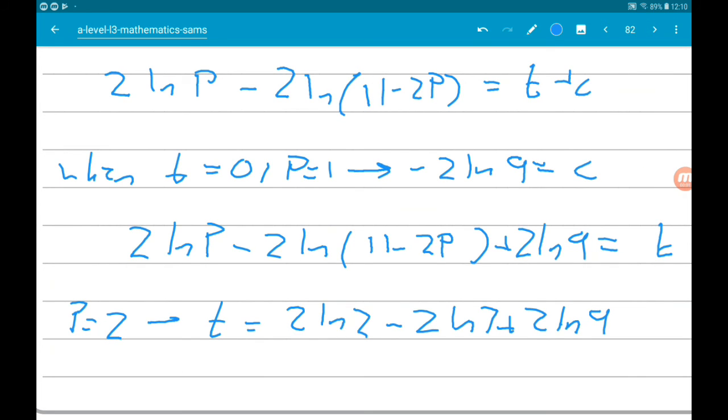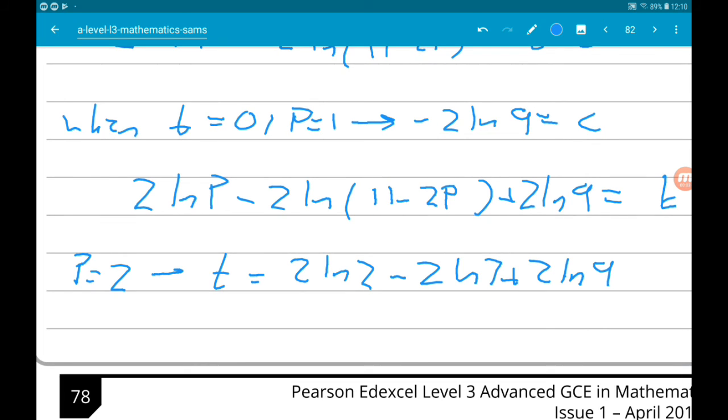Type that into your calculator, and thankfully we get 2 decimal places. T is 1.89 years.